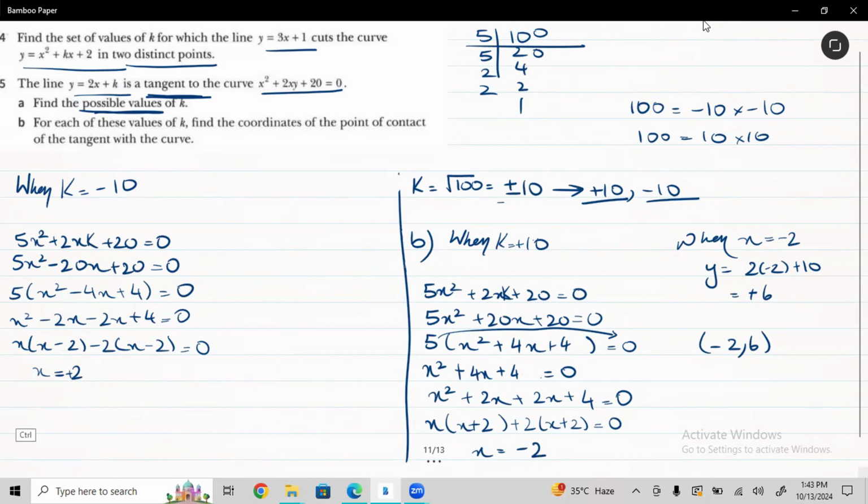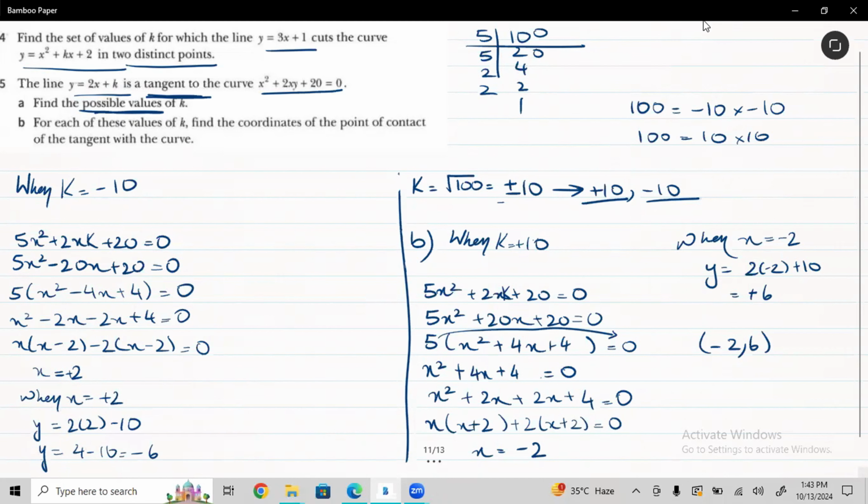And what about the y value when x is equal to positive 2? y is equal to 2 multiplied by 2 plus 10. Sorry, plus negative 10, my bad, because we are taking when k is equal to negative 10 here. So y is equal to 4 minus 10, which would become negative 6.